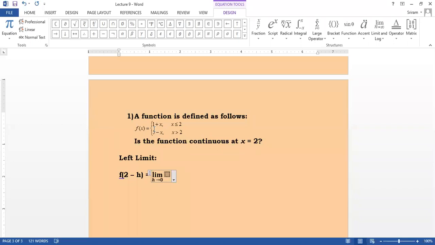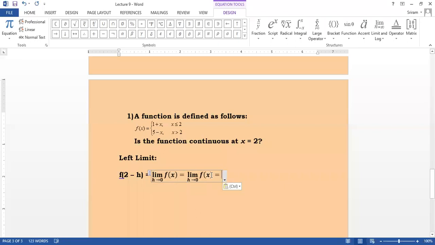That means x, the value smaller than 2, that means 2 minus h. So when I take the value of f of x for this, what will be the value of f of x here? We are going to take the first value. What is the first value here?